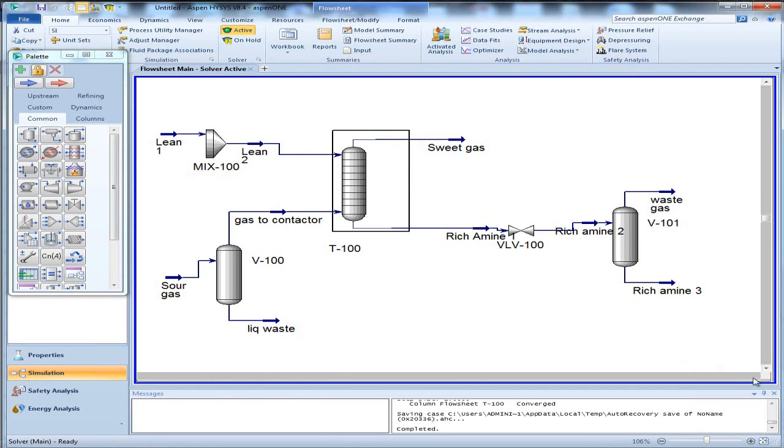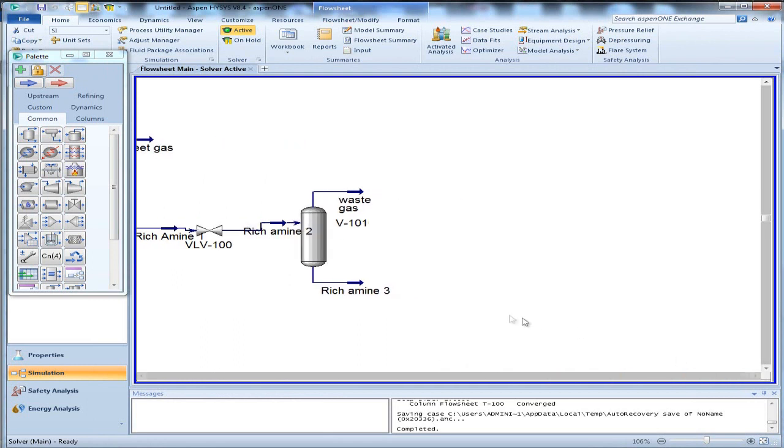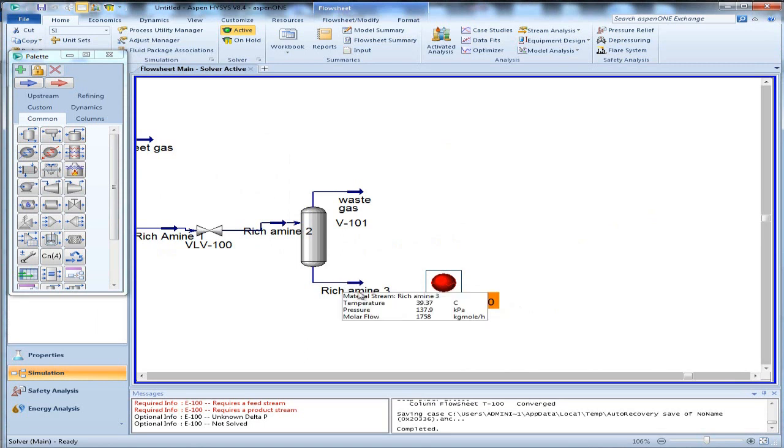Okay, let's go back. Now what we do is put a heat exchanger here. And of course, the rich amine number 3 here contains some acid hydrogen sulfide solution. This is in liquid phase.